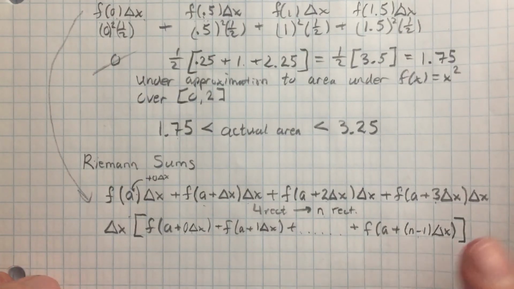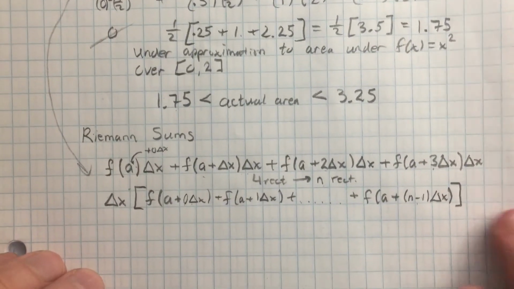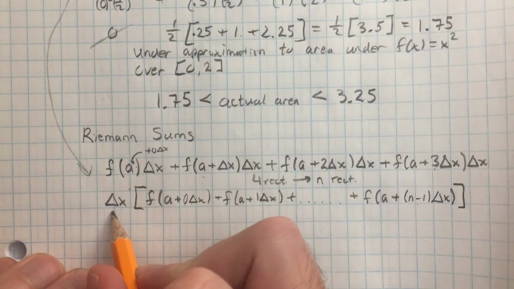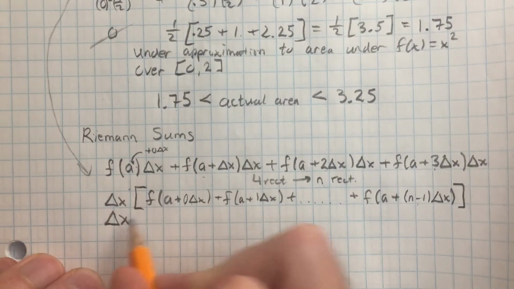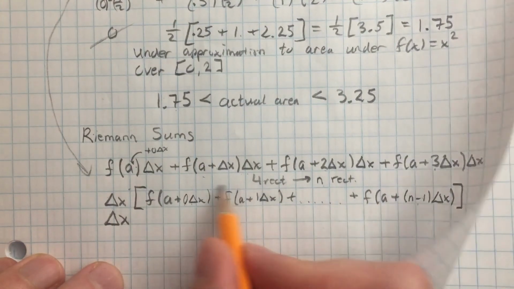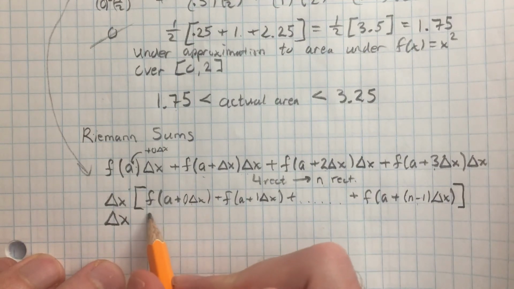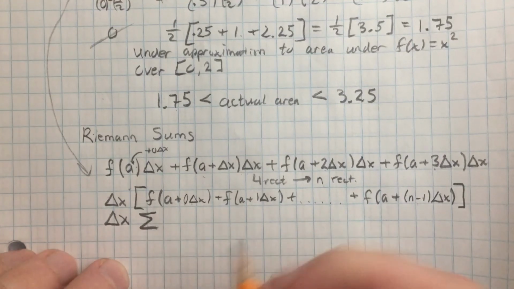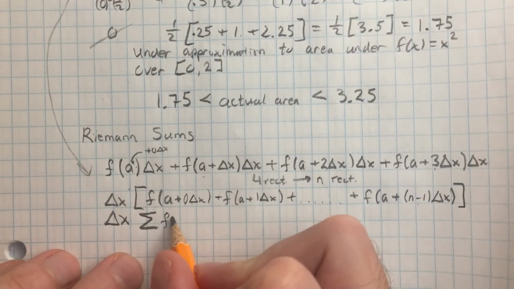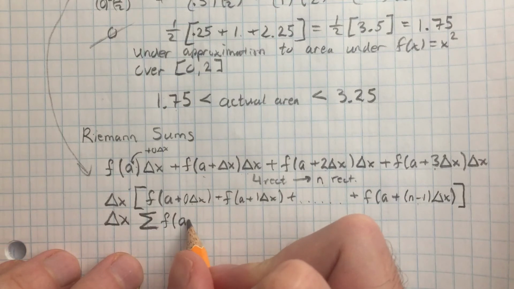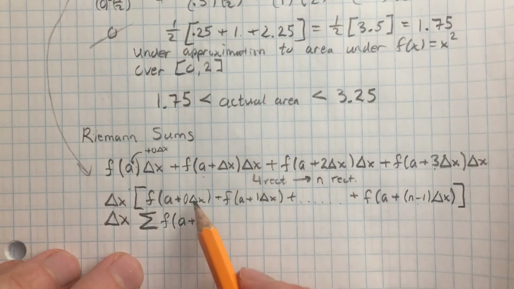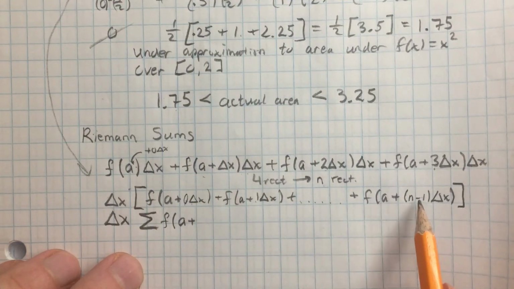So now there's a concise way to talk about these types of summations. There's the summation symbol. So now we've got delta x times this sum of n terms, which should look like the sum of f of a plus, and the only thing changing in here is the 0, 1, until n minus 1.